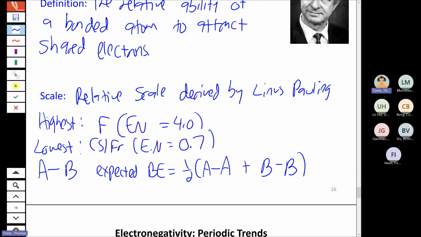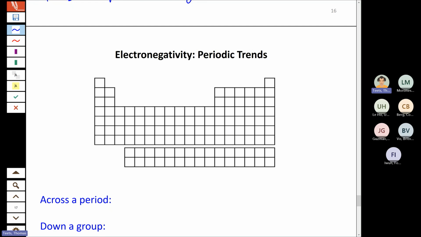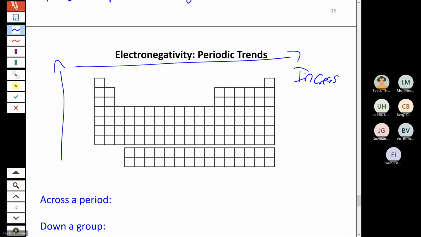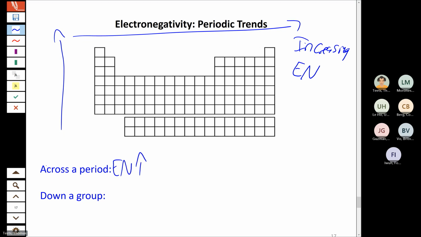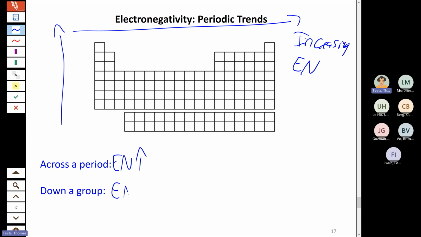Okay, so the electronegativity trend is essentially the same as the other ones, and there's not really any exceptions we have to worry about. It increases bottom to top and left to right. So increasing electronegativity in that direction. Again, left to right across a period, it goes up, and then down a group, it goes down.